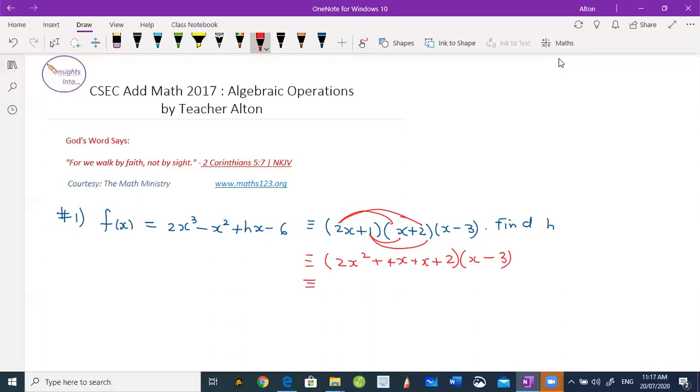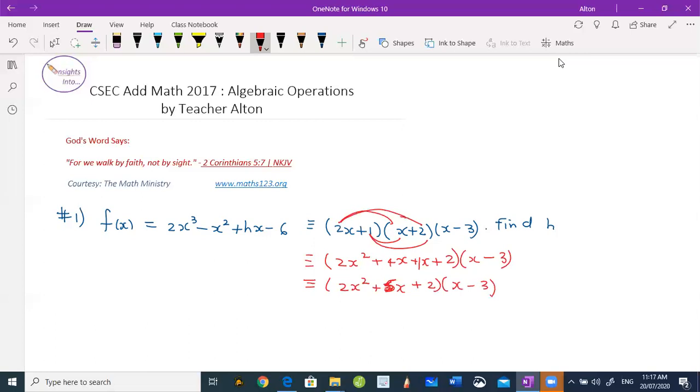So simplifying further, we have 2x squared plus 3x, no, not 3. 4 plus 1 gives us what? 5. Let's fix that, 5x. Plus 2, by x minus 3.